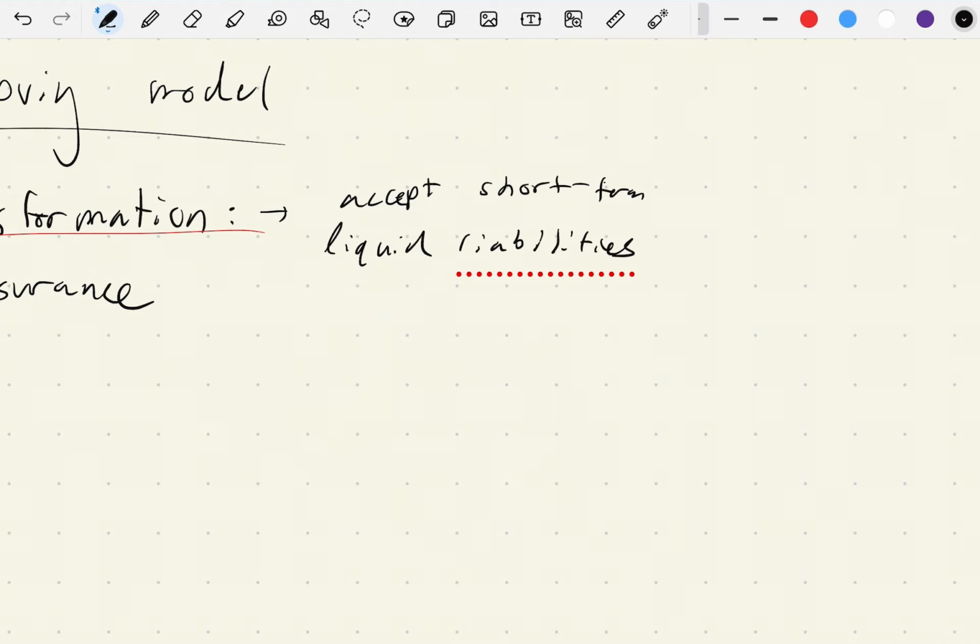These liquid liabilities you can think about as deposits that can be withdrawn on demand. Somebody just goes to the bank like, hey, can I withdraw my money? So this is a liquid liability.